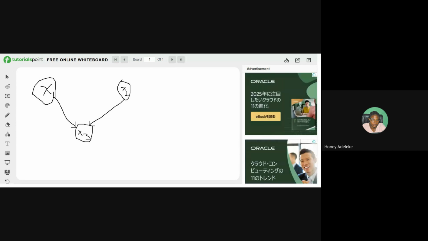As you can see, it has arrows. But when you have your graph and there are no arrows, just plain edges, and you have something like this, this is undirected.